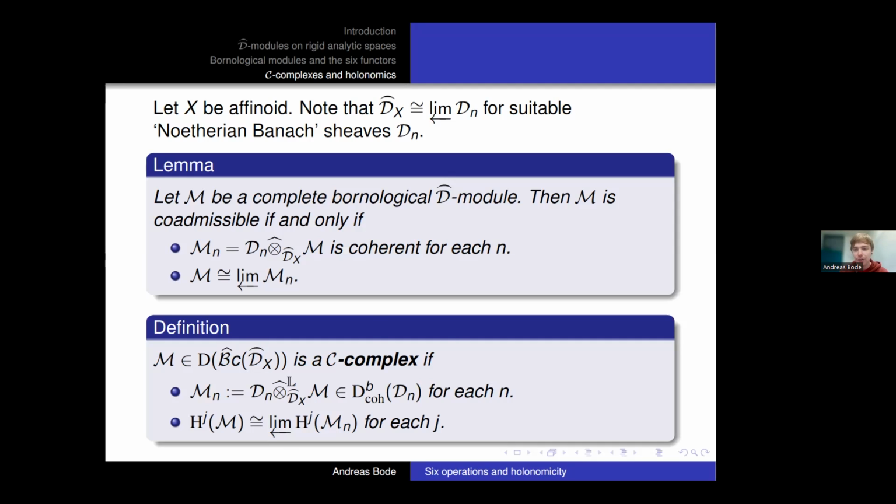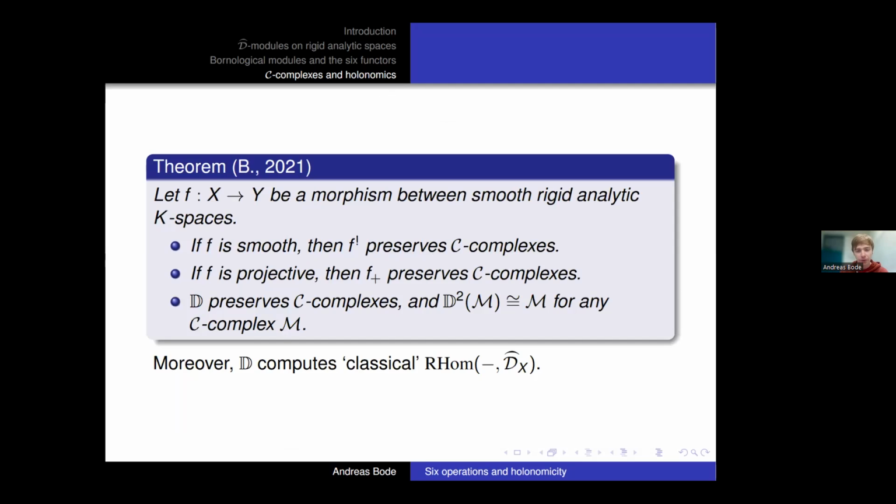Moreover, this notion of C complex really behaves under my 6 operations the same way bounded coherent D-modules would behave in the classical story. So here's a summary of the stability properties that you can expect for coherent stuff.